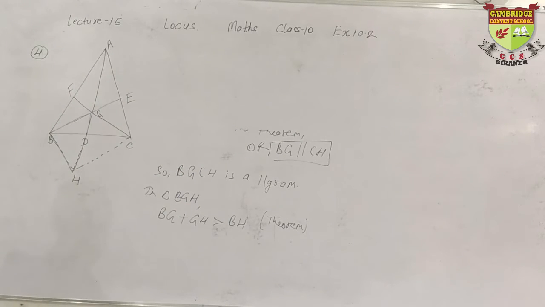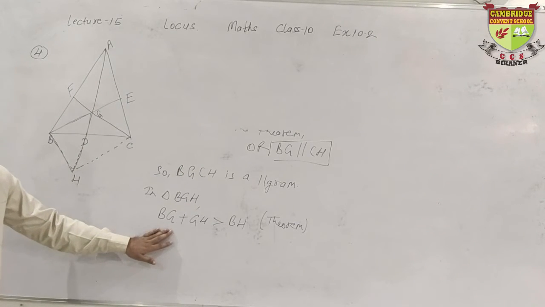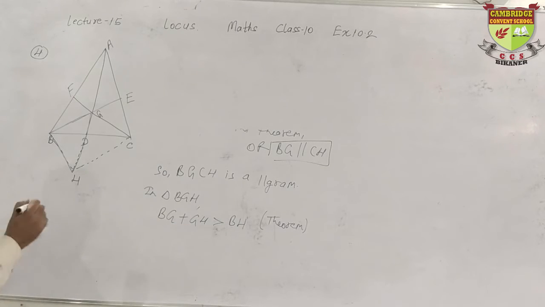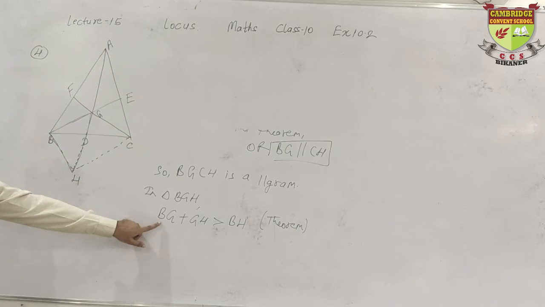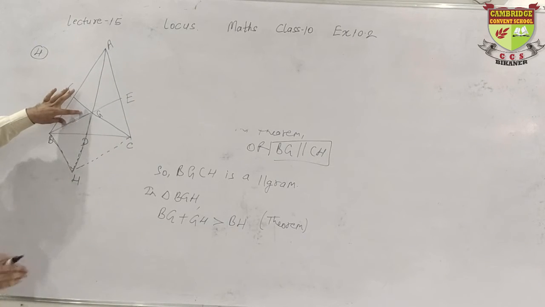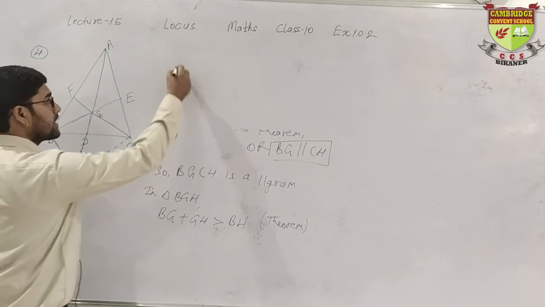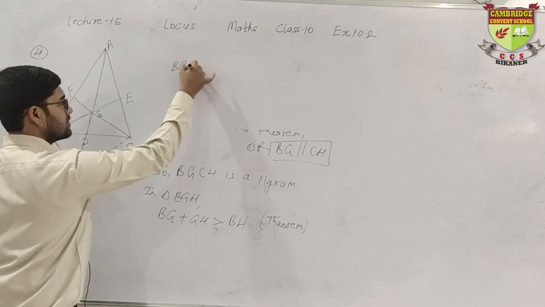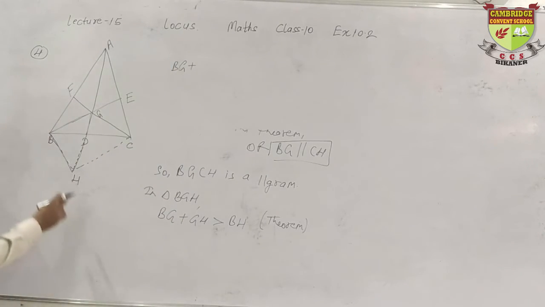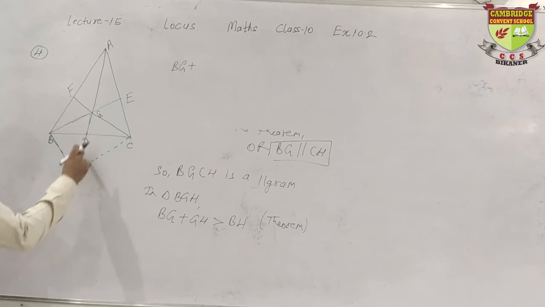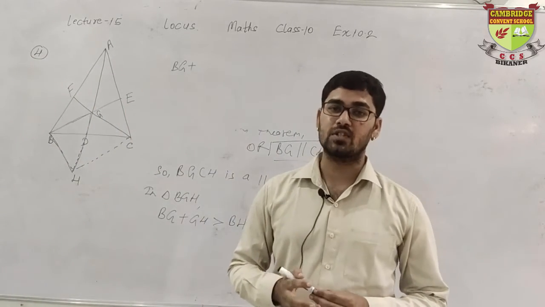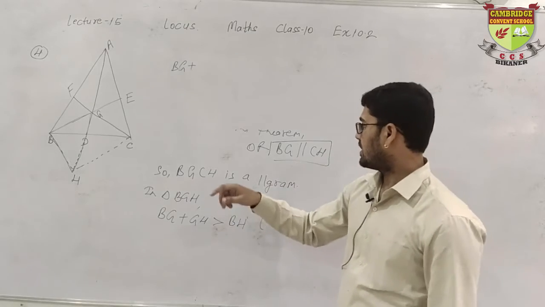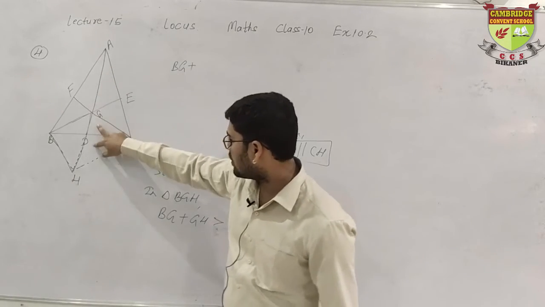See, let's put the values here. What values can we put? BG will be the same here. So I will note again here BG plus. Now GH. What is GH? This is GH. See students, I have erased this. You must know that in the construction part, we wrote that AG is equal to GH.